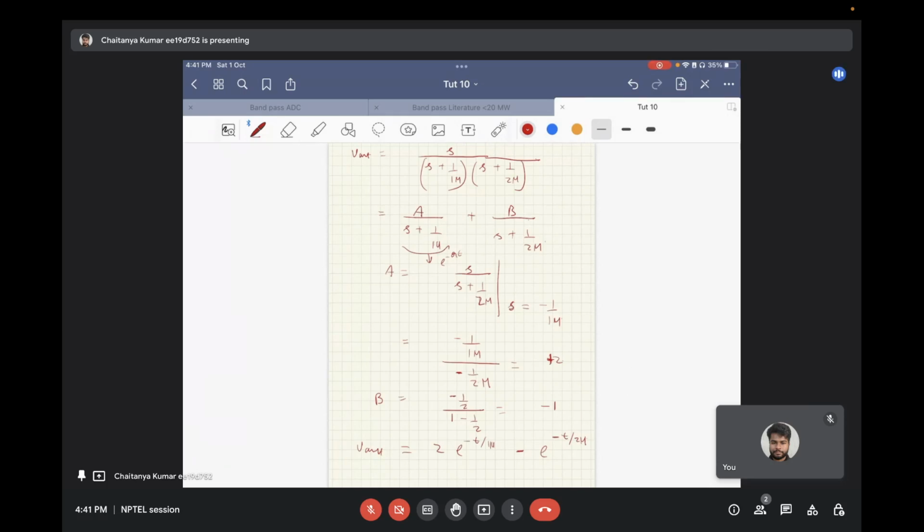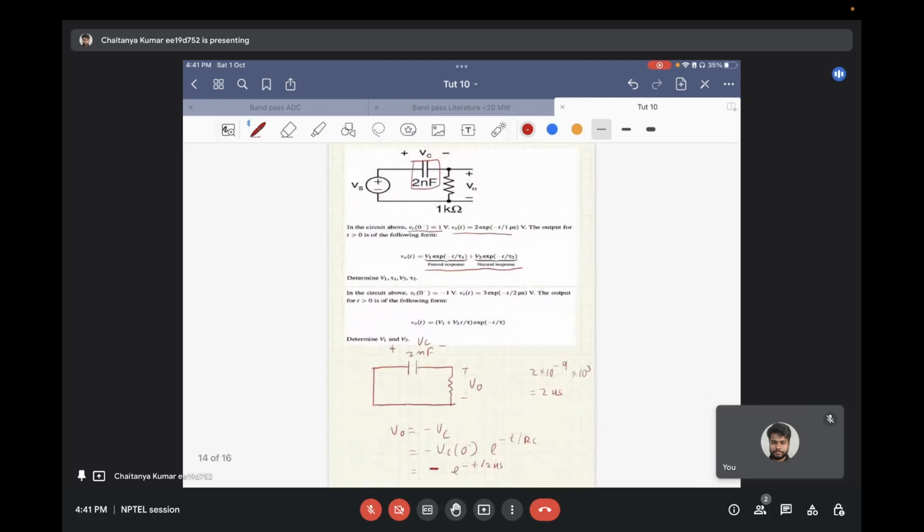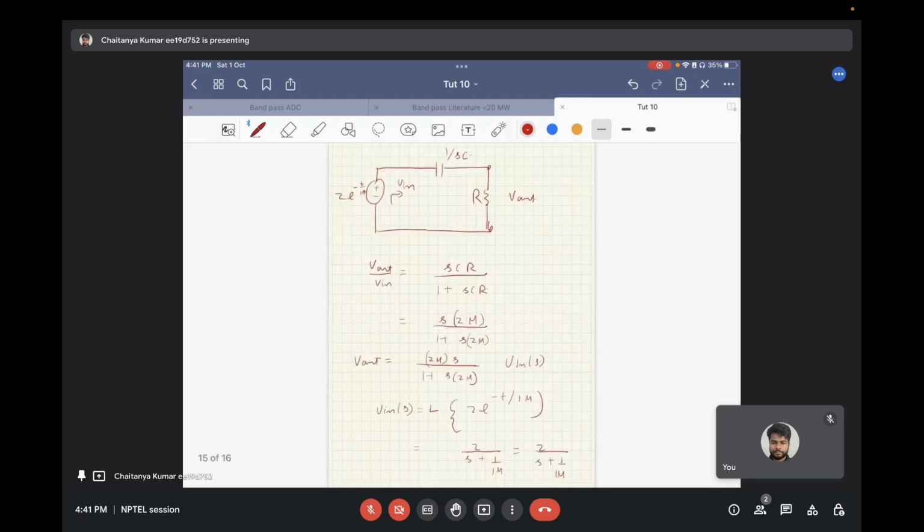At the end, you can combine the expression for the input and the expression for the initial conditions. The initial conditions expression we have found to be minus e to the power minus t by 2 micro.